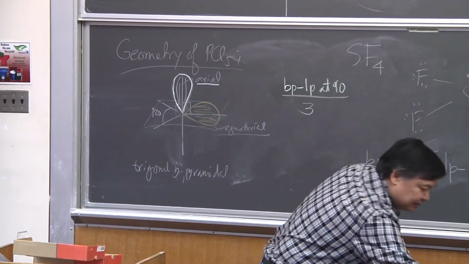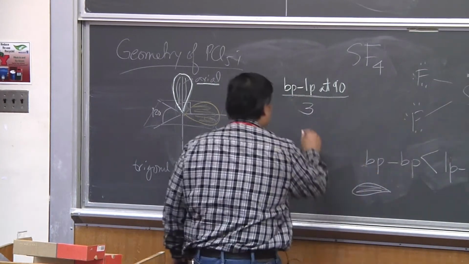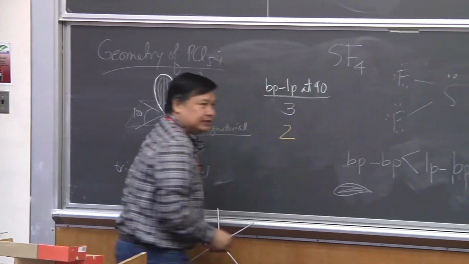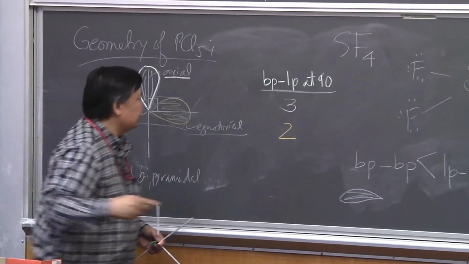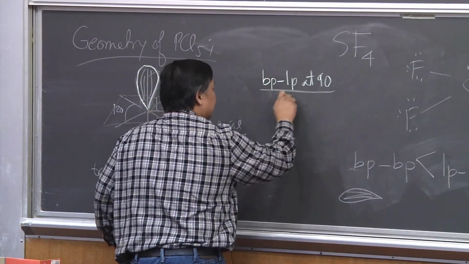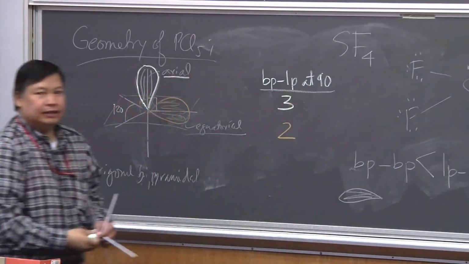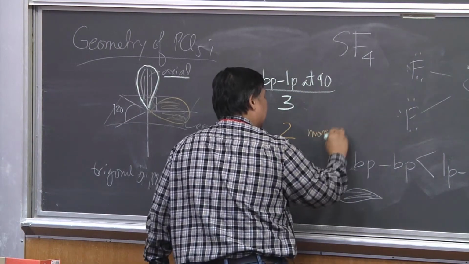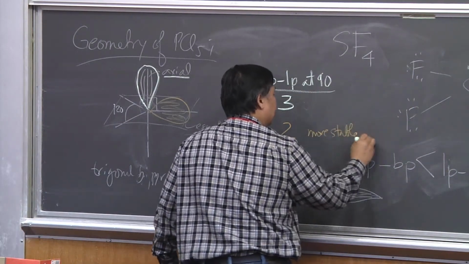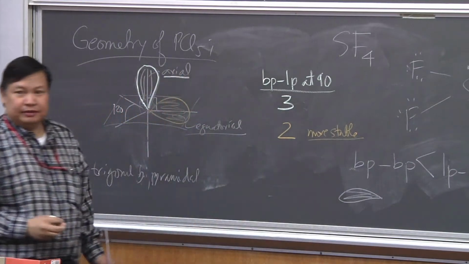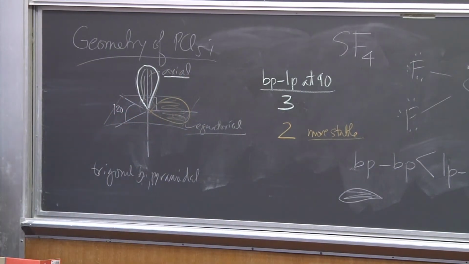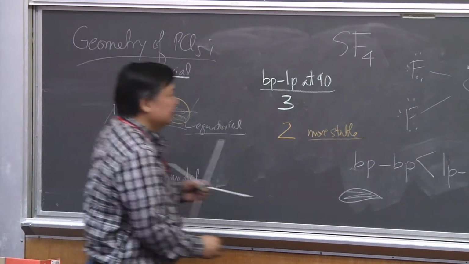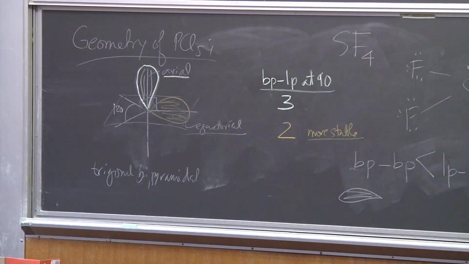This one over here, right? Let me just get this one before I forget. So for the orange, it's 2. For the other structure, it's 3. All right, so this is more stable. Okay? So what do you call this structure?